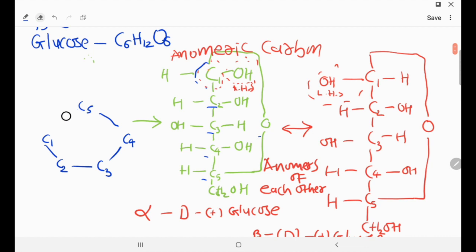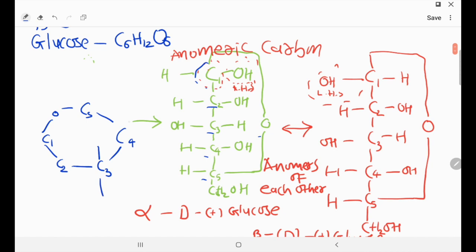You can also plot something like this. It's carbon number 4. Here there will be carbon number 5. So the 6 member ring is here.